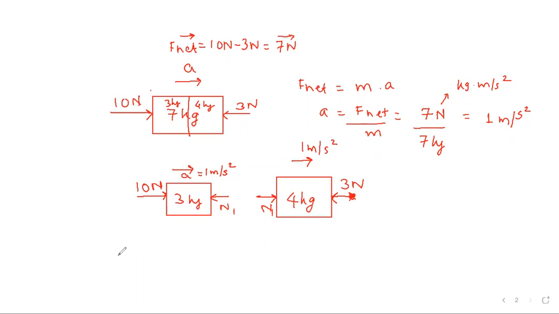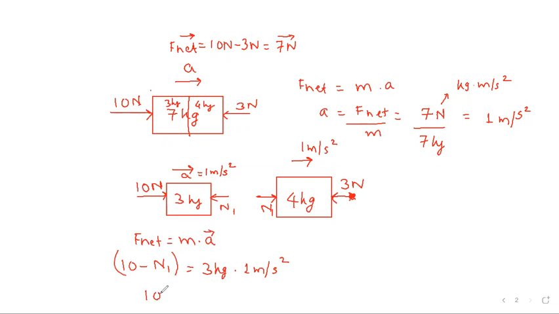So let us solve this. Applying the second law, net force is equal to mass into acceleration. The net force is 10 minus N1, the mass is 3 kg and the acceleration is 1 meter per second square.